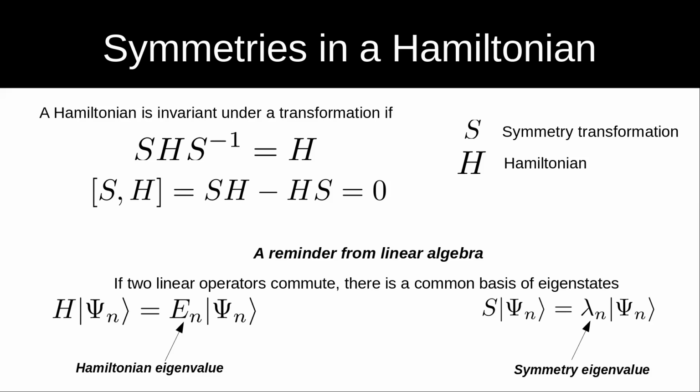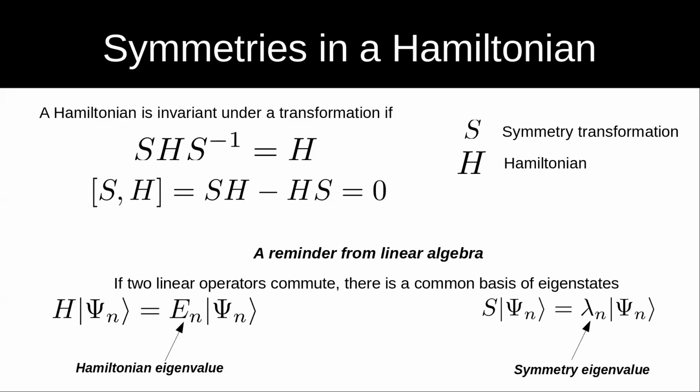The reason is that many times it is much easier to classify the eigenstates of a symmetry operator than to classify the eigenstates of a Hamiltonian. So if we know that the eigenbasis of the symmetry operator is the same as the eigenbasis of the Hamiltonian, then we can classify the solutions of the Hamiltonian just by classifying the solutions of the symmetry operator.